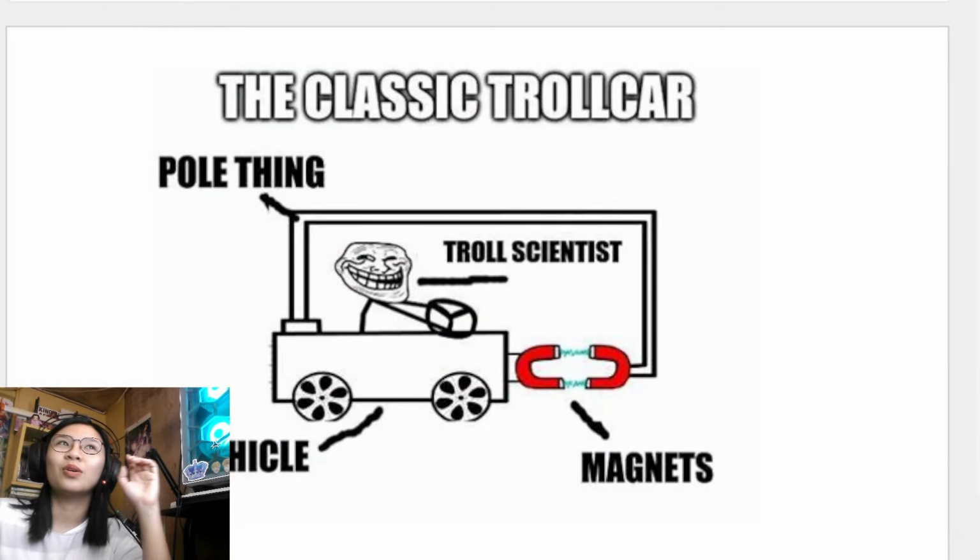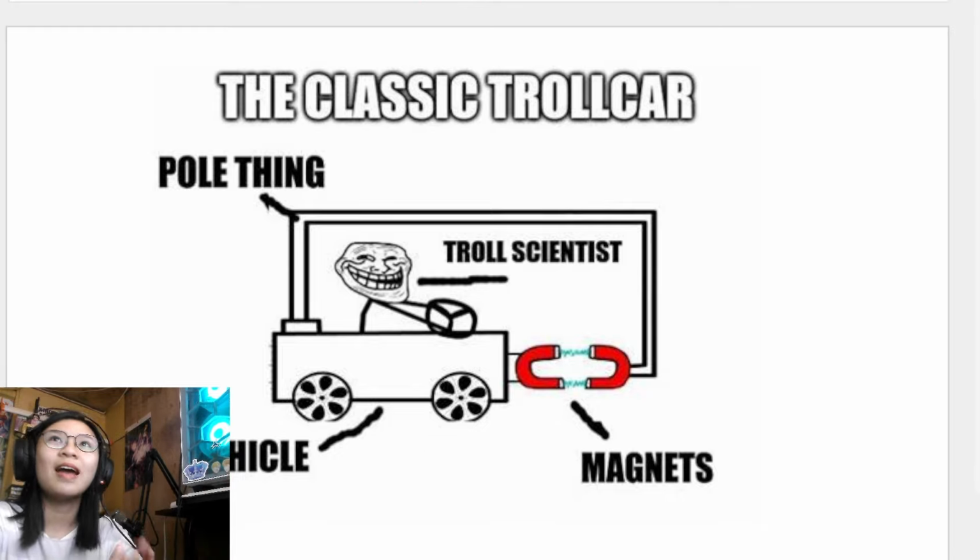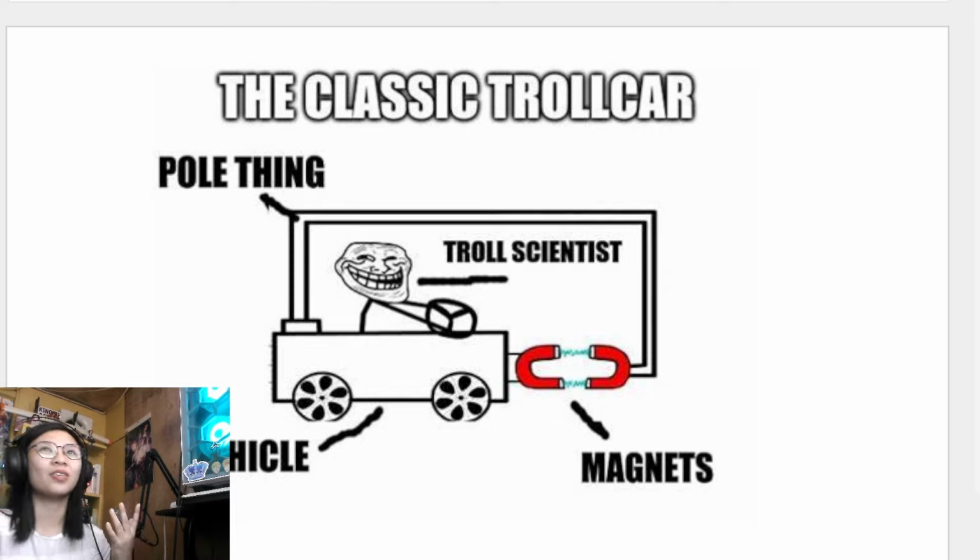Okay, so sa katong nasa akong discussion, you know what this is. So this car or this vehicle is connected, naka-connect na siya sa pole, and with that pole na siya duha ka magnet, and we know that magnet acts like charges where the like poles will repel and the opposite poles will attract.